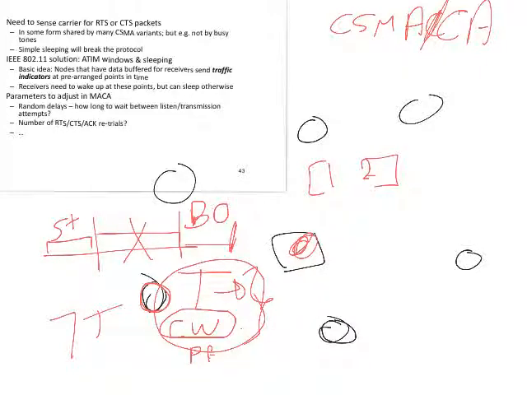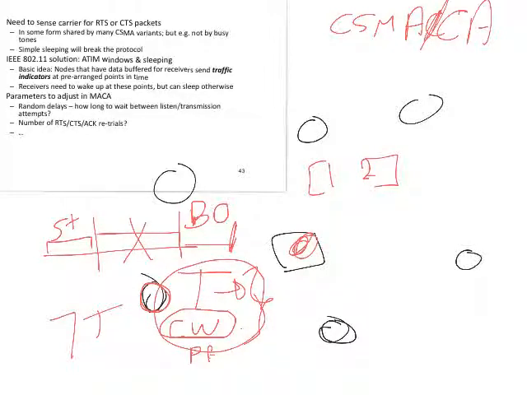So if you have a collision, then you generate a random number between 1 and 2. Which means that if you have 2 nodes contending, hopefully one will select 1 and the other one will select 2. If they try to send again at the same time, unfortunately both of them selected 1, they will collide again.